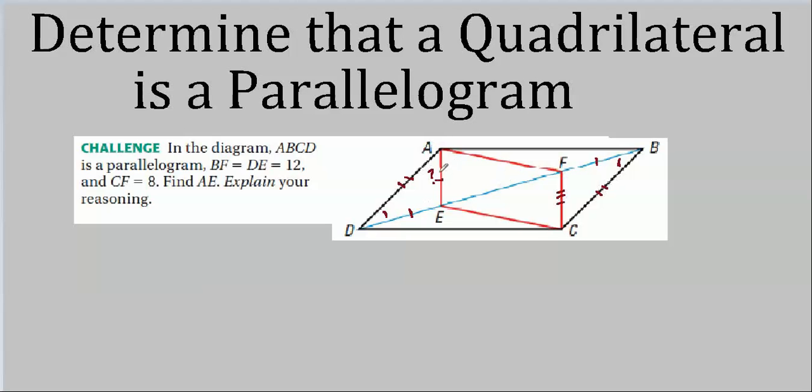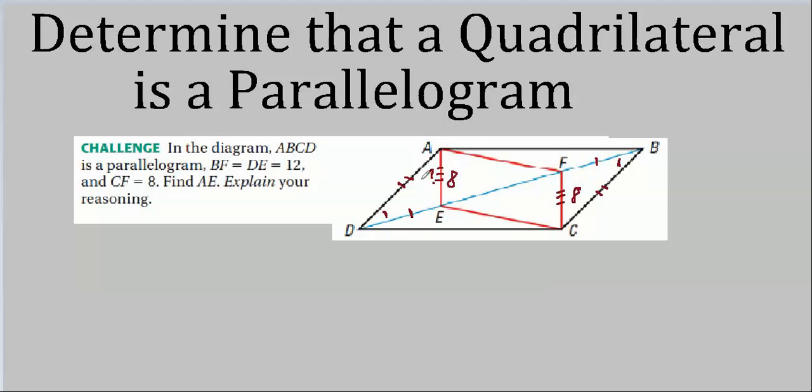I shouldn't have used the same hash mark when I was showing that these two were congruent. It seems to imply that all four of these are congruent. They're not. This is congruent to this. And I drew a hash mark in here because I was about to show that these two sides are congruent. Well, what do we have here? This is 8, right? Didn't I say CF was 8? So this one must be 8.